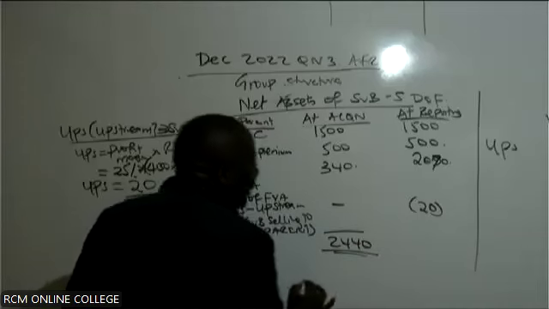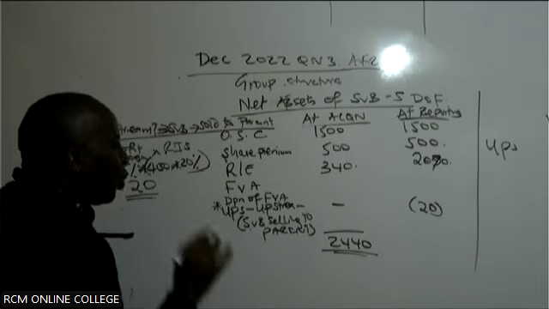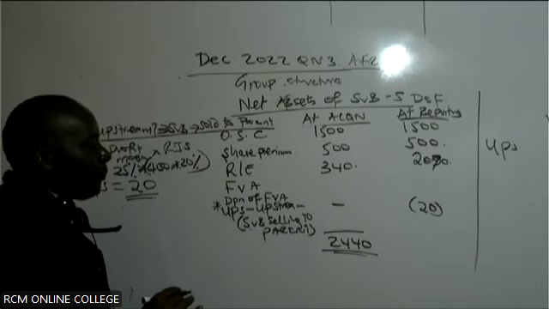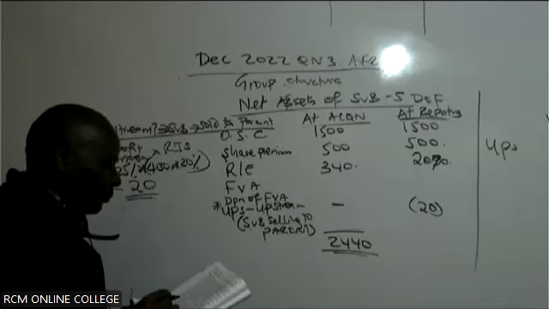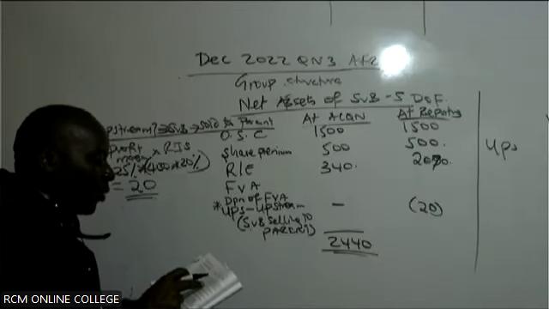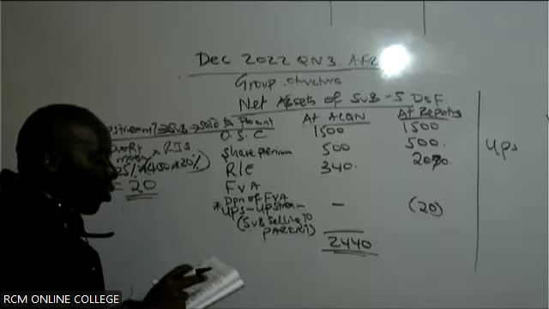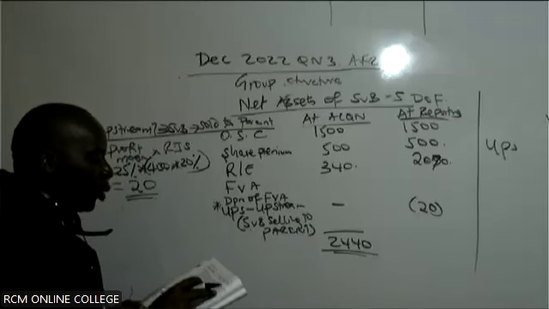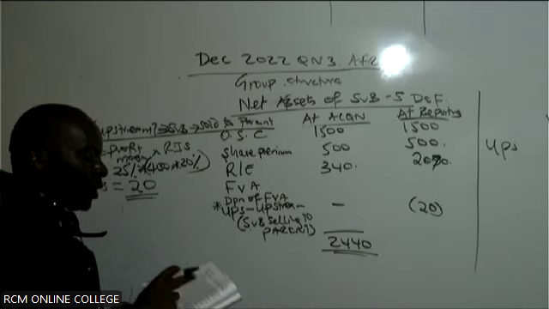The total net assets at acquisition date were 2440. And then they are telling us that the excess of the fair values over the carrying values were due to an unrecognized brand whose remaining economic useful life is 5 years.